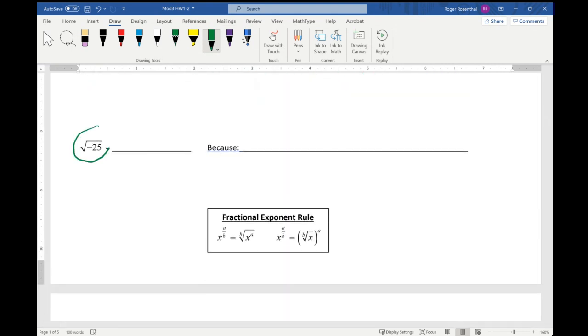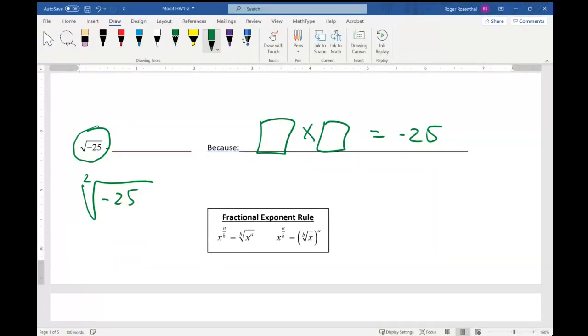Okay, what is the square root of -25? Well, again, a square root really has a 2 there, which means we're asking what number times itself is -25. Well, think about it. Could that number be positive? No, because a positive times a positive will not give you a negative. Could that number be negative?